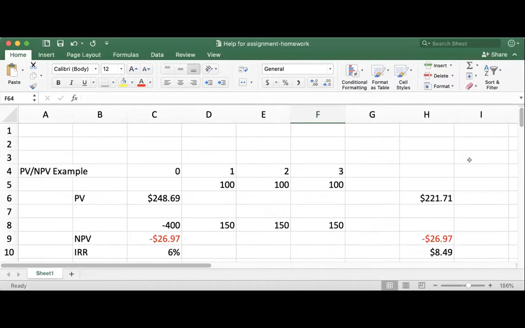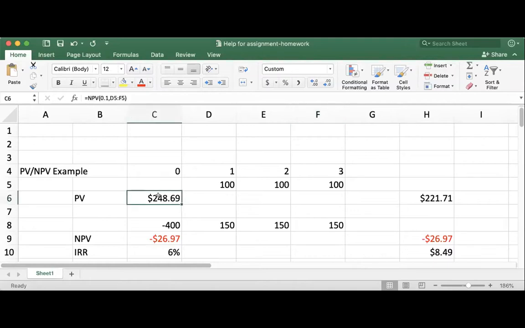Okay, so again, some of us are still not getting this idea of what's the difference between present value and net present value. So I wanted to do this example. So we see here, we have a stream. We invested nothing in year zero, then $100, $100, and $100.